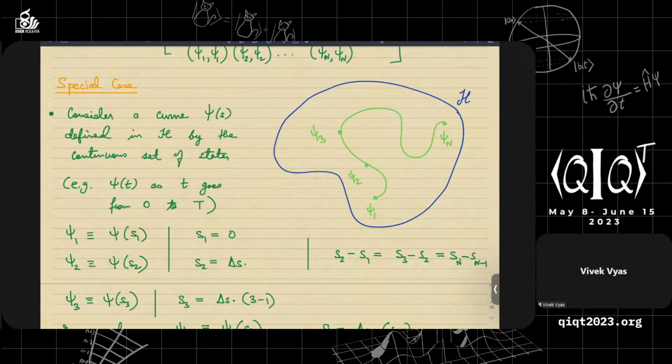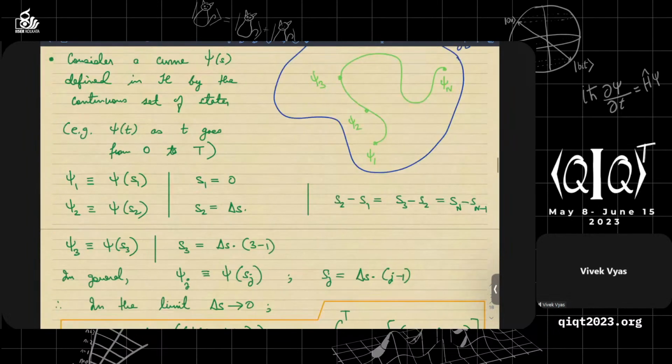So what you do essentially is say that this psi1 that I'm referring to is actually the state of the system at time s1. S1 can be 0. Psi2 is the state at time s2, and let s2 be after delta s evolution.